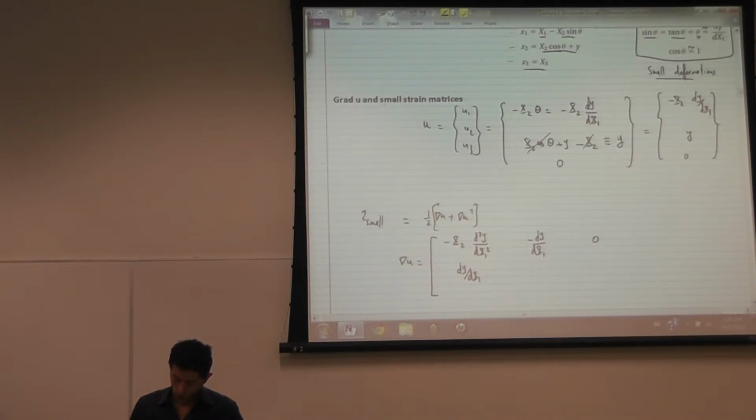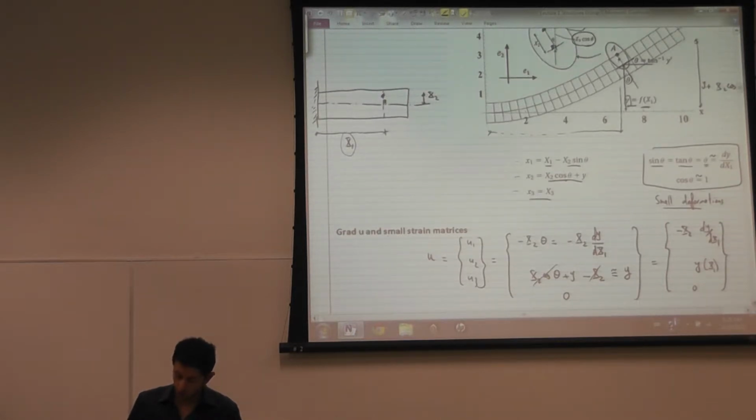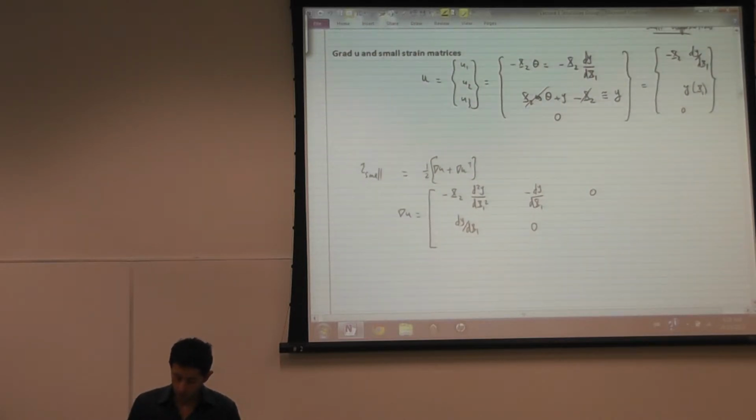Partial u2 by partial x2 is 0. Y is only a function of x1. It's not a function of x2, the vertical coordinate of the beam. And the rest will be zeros.